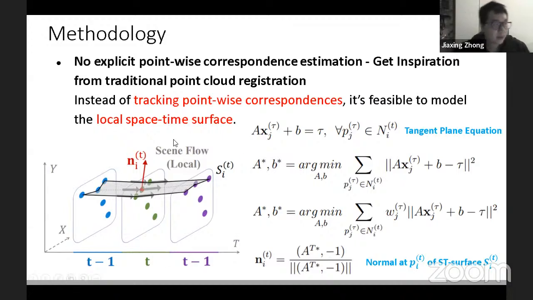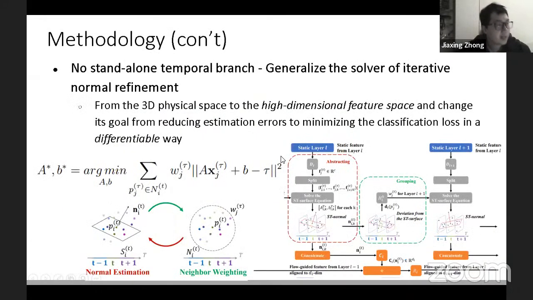By doing this, we remove the explicit point-wise correspondence estimation. This is number one, the first step to reduce the computational complexity.